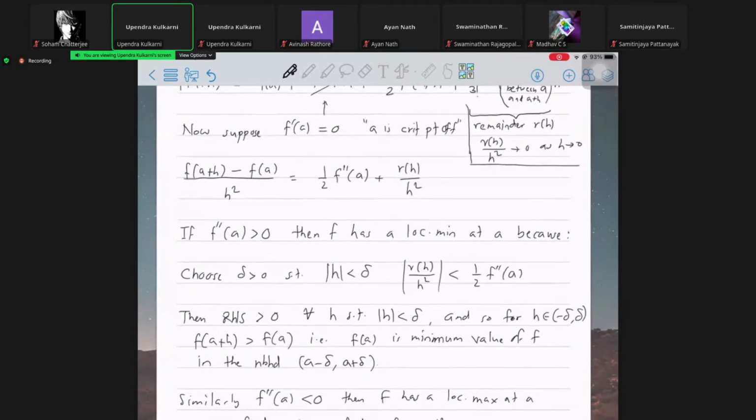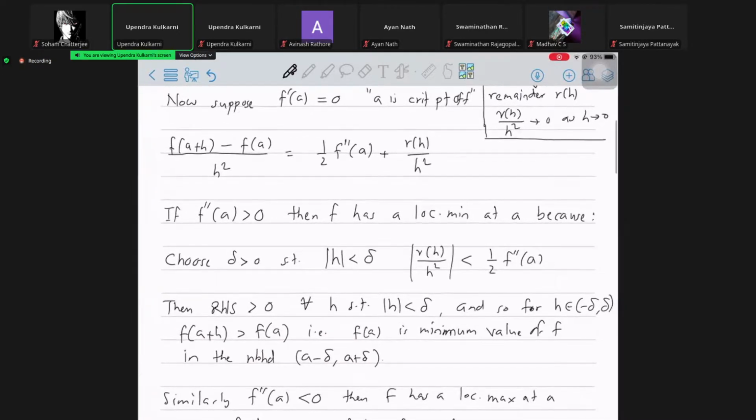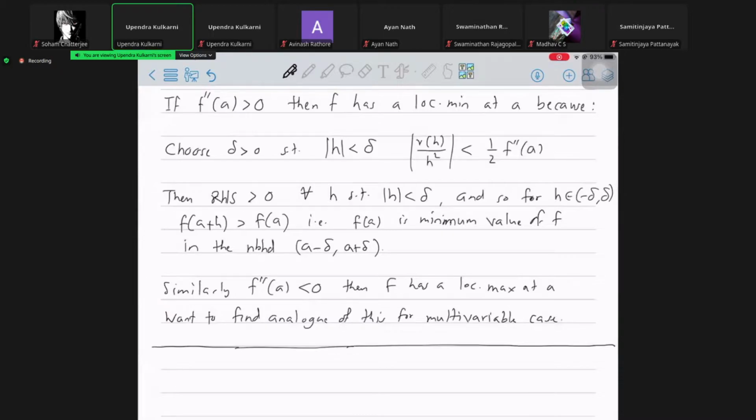I don't think I can get it on the same page, but okay. So here is the situation now. Now f is a function from an open set U in R^n to R, a C3 function.